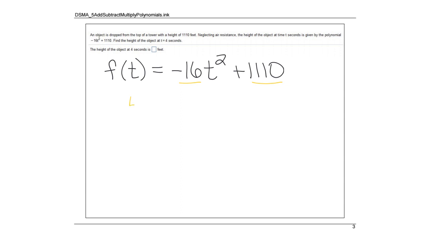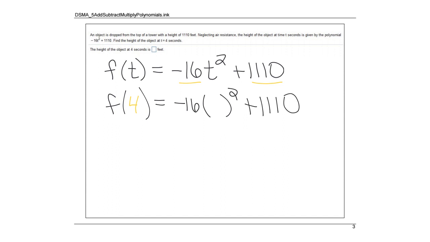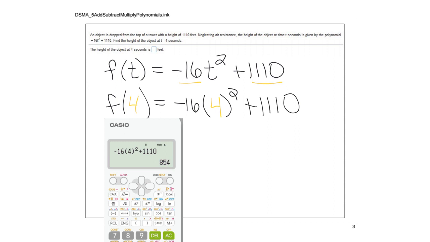So we're going to put 4 inside our function. And so 4 is going to go inside here. Let's grab our calculator. Okay, so inside our calculator, we're going to make it look just like what we had up here.